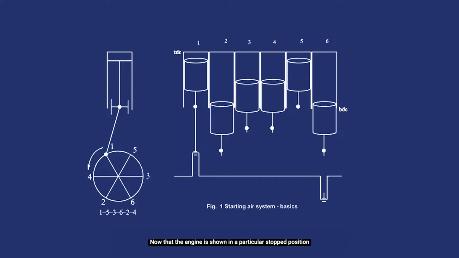Now that the engine is shown in a particular stop position, the relative positions of pistons 1, 2, 3, 4, 5 and 6 are further decided by the firing order of the engine. The firing order of this engine is 1, 5, 3, 6, 2, 4 for anti-clockwise, that is ahead direction, running.